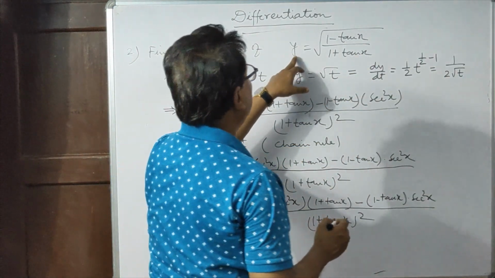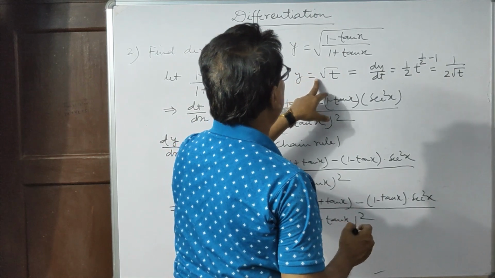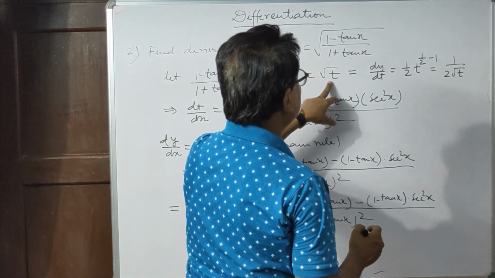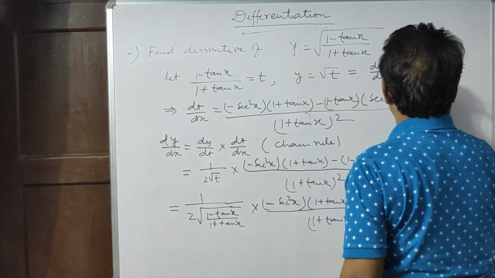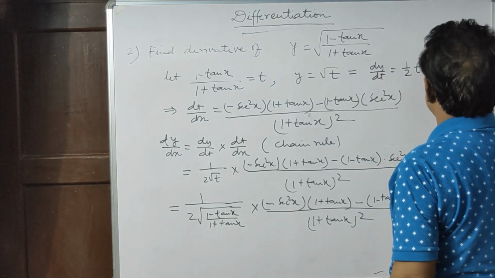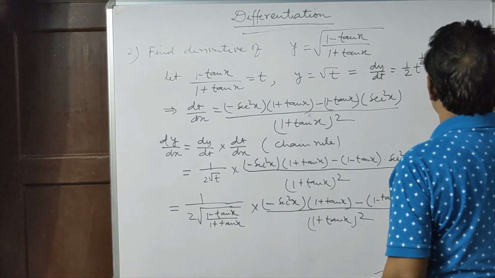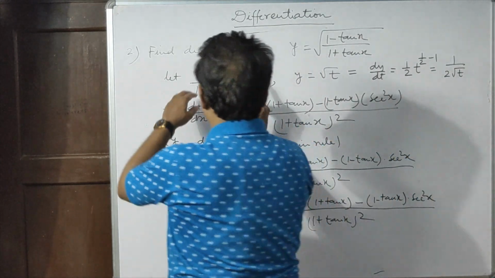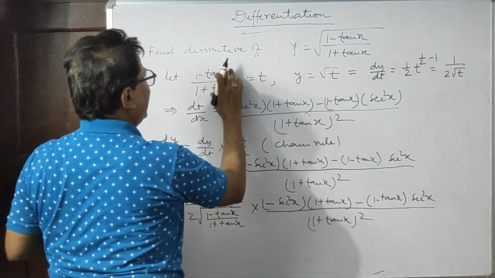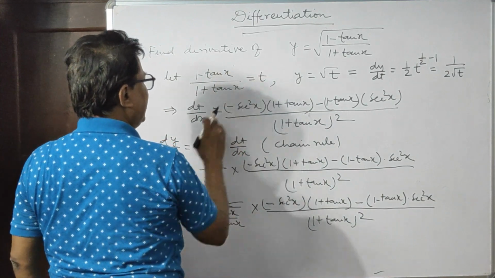And then naturally y is equal to root over t. So dy by dt is equal to 1 by 2 t to the power 1 by 2 minus 1, that is 1 by 2 root t.